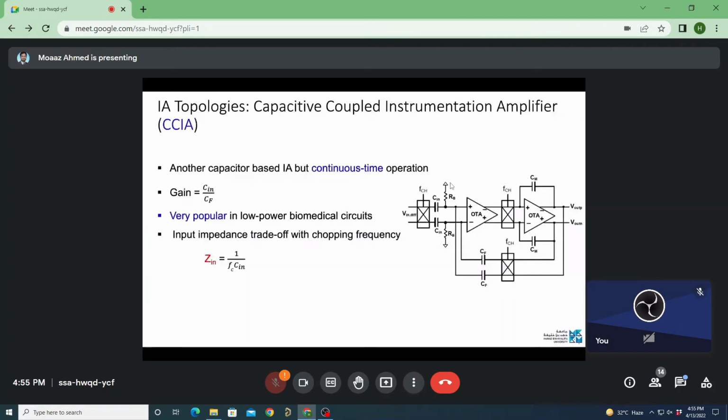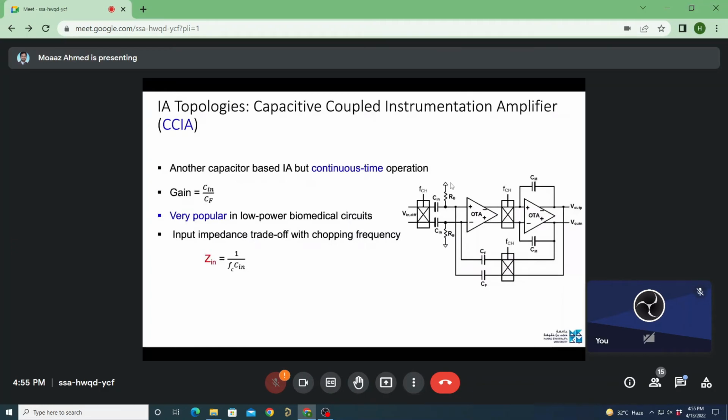This is a capacitor-based amplifier, we call it a capacitively coupled instrumentation amplifier. This ensures continuous time operation. The gain is again determined by the ratio of capacitors, so it's very easy: C_in divided by C_F. So how does it work? The input signal is first chopped, so the DC signal is converted into a high frequency signal.